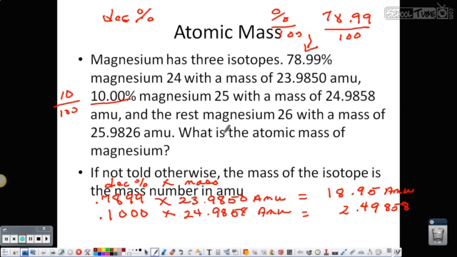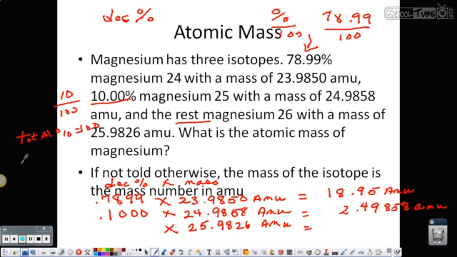Then it says the rest. Well, the mass of the rest is 25.9826 AMU equals, and I forgot again, AMU. Alright, now what is the rest? Anytime you have percentages, the total percent equals 100.